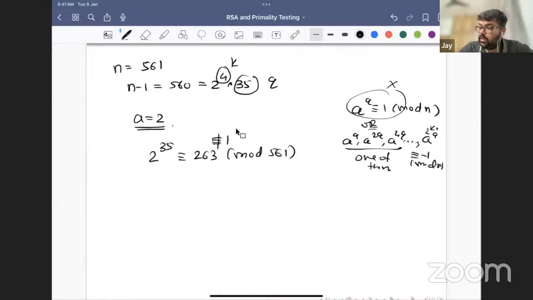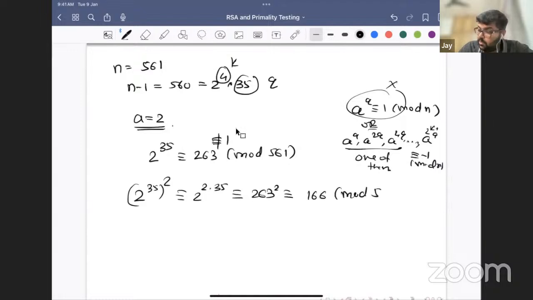Now we have to square this. So 2 raised to 2 into 35 is 263 squared, which is 166 modulo 561. All this can be computed using the square and multiply method, the fast powering algorithm, using programming.